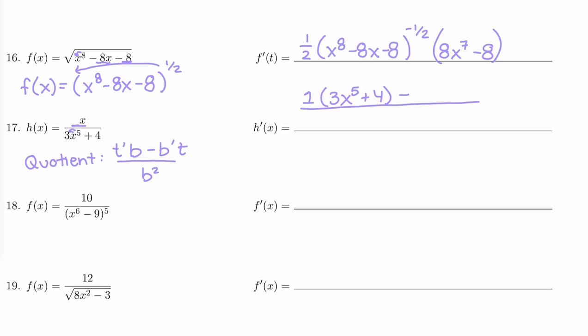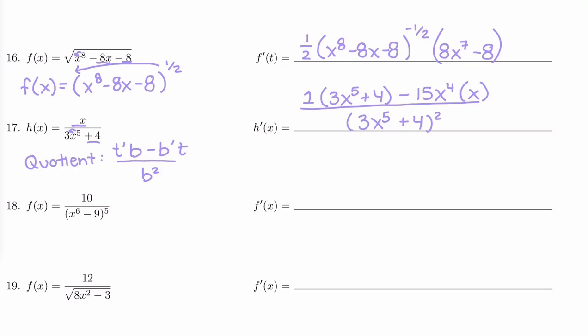So we have 3 times 5 is going to give us 15x to the 4th. Derivative of 4 is a constant, so it's 0. So I just took the derivative of the entire bottom piece to just be 15x to the 4th times the original top, which is an x, all over the original denominator squared. 3x to the 5th plus 4 gets squared.